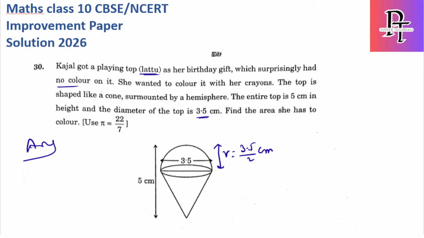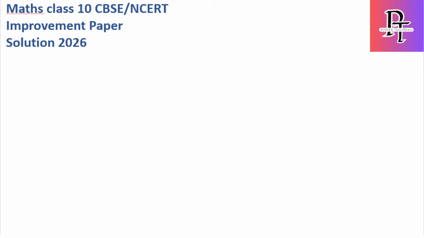Before that, the height of the cone is how much? Height of the cone is 5 minus 3.5 by 2, which is 10 minus 3.5 by 2, which is 6.5 by 2. I will write it in words.